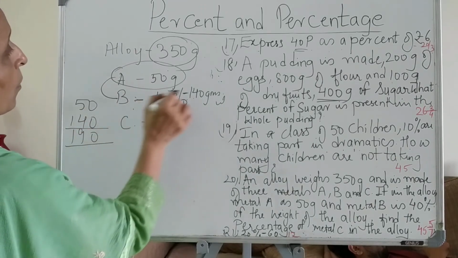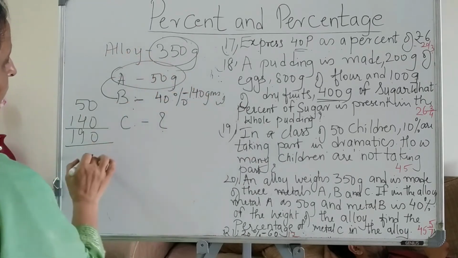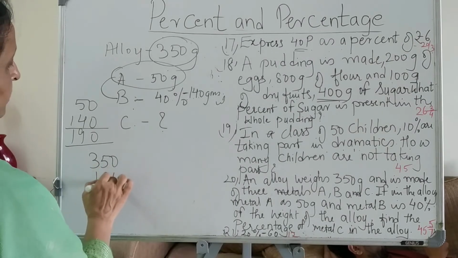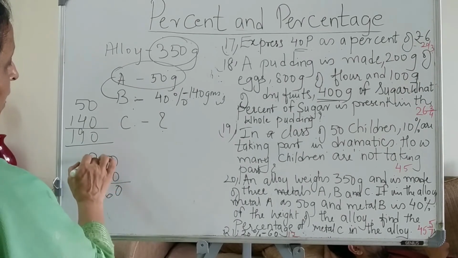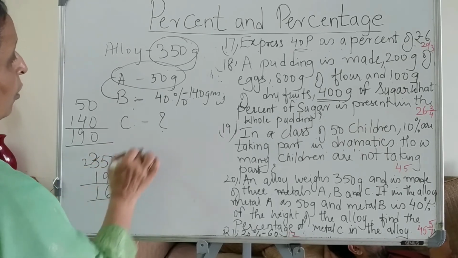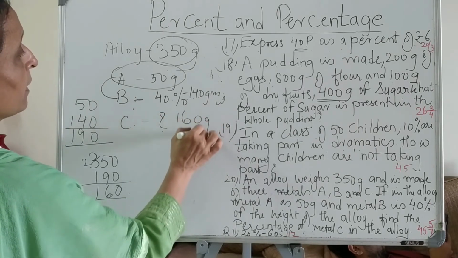Now 350 minus 190: 0, 15 minus 9 is 6, and 2 minus 1 is 1. So I got C as 160 grams.